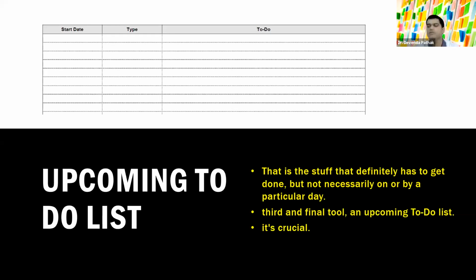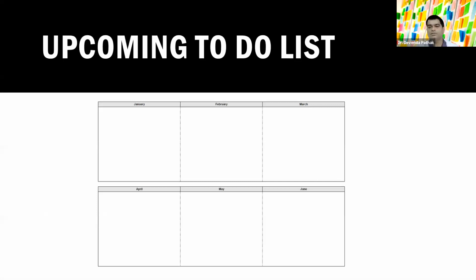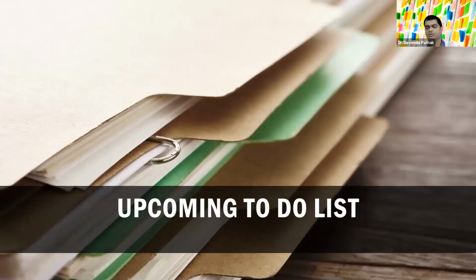You see how your next week is going to be, and in that week you pull these works from this upcoming to-do list, and see that you are judiciously using your time to complete this. So that may be month-wise, maybe from January to December, and that needs to be updated whenever something comes to your mind.